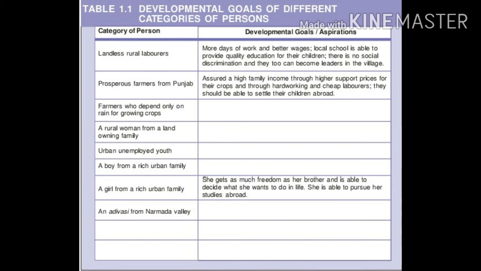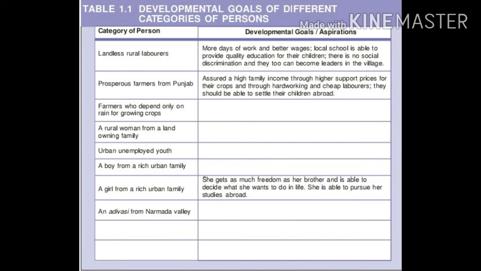Now here, the landless rural laborers want more days of work and better wages. They also want the local school to be able to provide quality education for their children. There is no social discrimination, and they too can become leaders in the village without any disturbance.